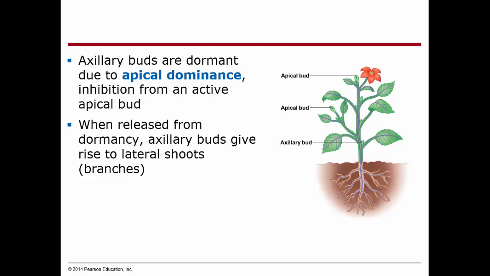So this means that under normal conditions, the plant's going to primarily produce leaves in an upward direction.